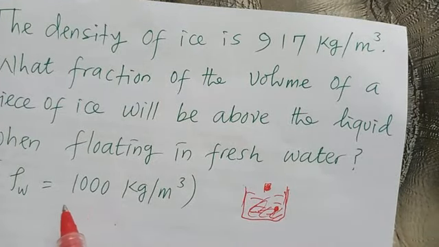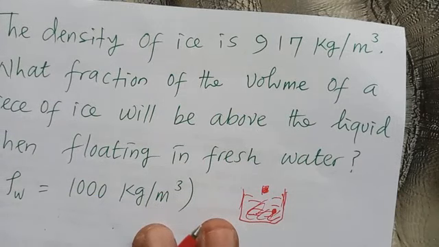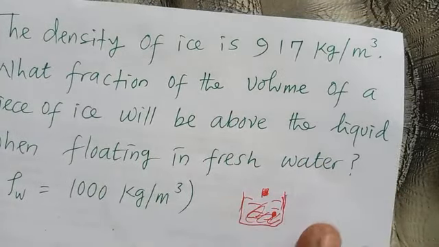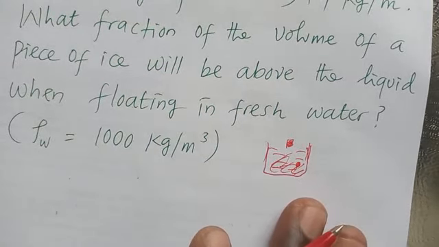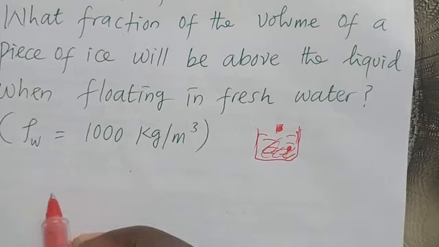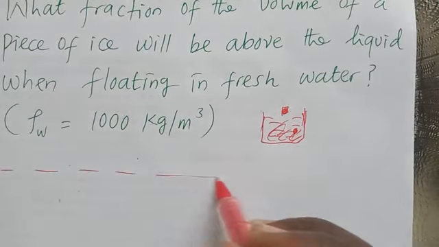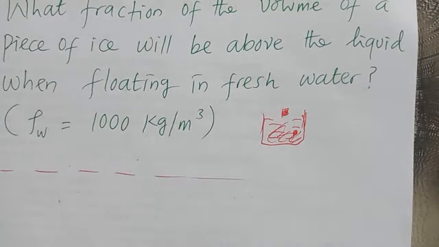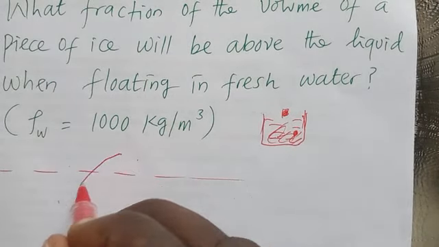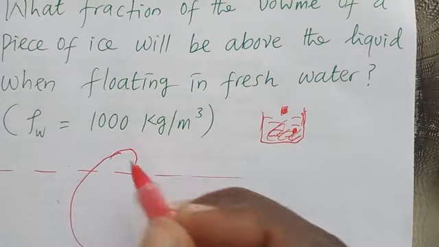How do we get the fraction of the one at the bottom? We will say V sub D divided by V sub I, and the easiest way of doing it is to start from here. You see, V sub D divided by V sub I is equal to, then start from this side and take rho sub I divided by rho W. If you cross multiply, this one will give you this, and then this one will give you this.